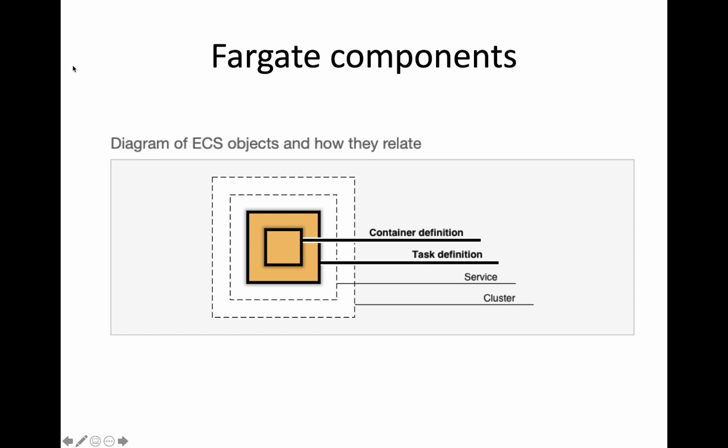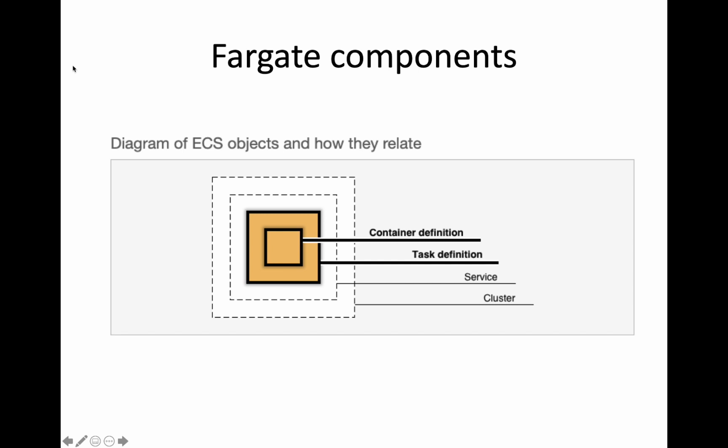And this is a pretty common practice for container orchestration platforms where you have these multiple levels of abstraction. And the benefit of these abstraction layers is that it provides us with greater flexibility, and it allows us to build more complex application platforms.